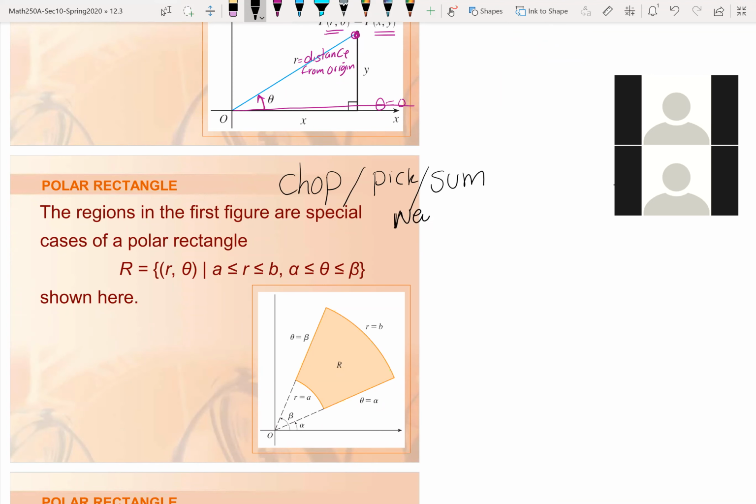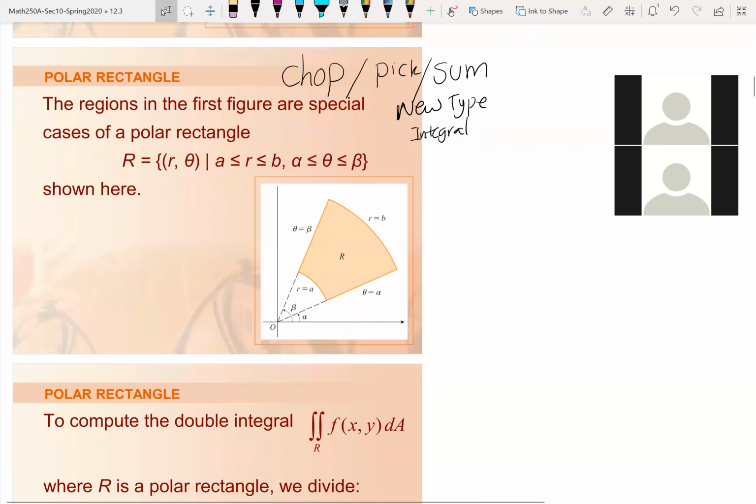So this is always for defining what we call a new type of integral, and as I said in the preview of this course, we have had 3 of them by now. We will get another 5 types of problems, where the process is always chopping into pieces, picking a lucky point, and making a Riemann sum. Then you have a new type of integration. So this is how we define it, right?